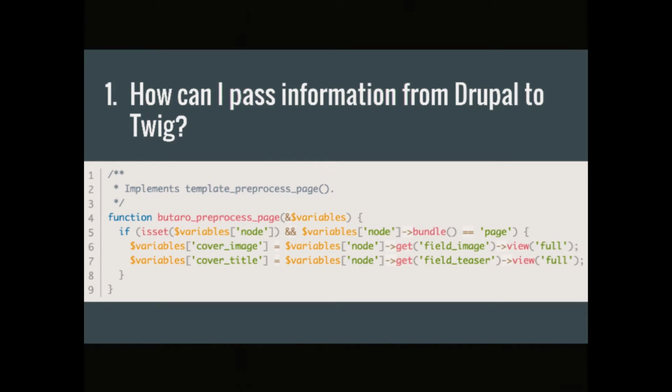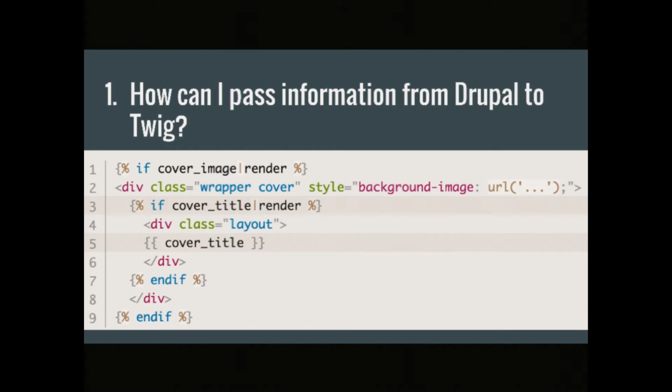So in my view mode configuration called full, I have all the fields, and Drupal will read that and return a render array with that information, and that is going to be assigned to the cover_image, and in the second case to the cover_title variables. I go to the next one, and this is how I do it in Twig.